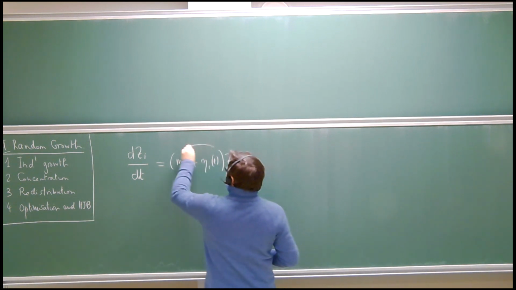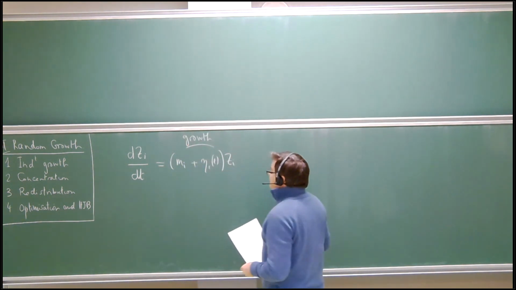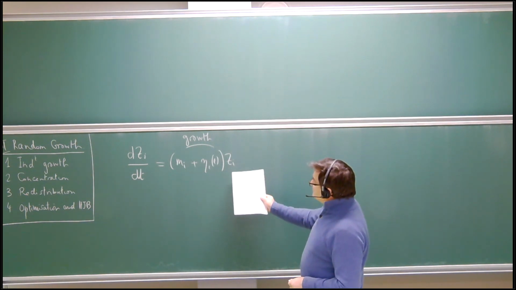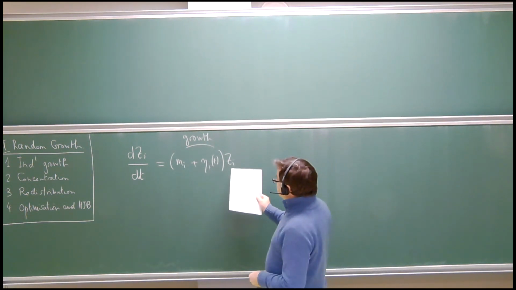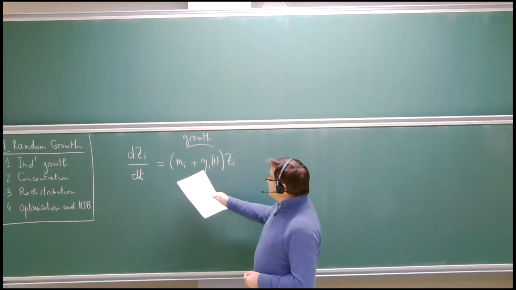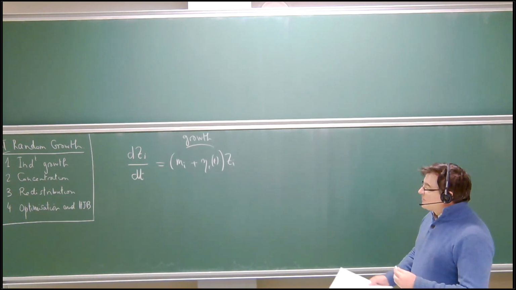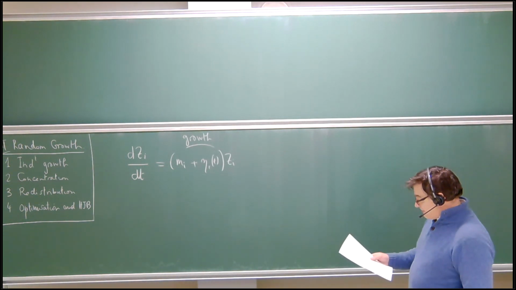So this is what I've called growth. This is multiplicative growth because everything here is proportional to Zi. So this is the mean growth rate of city i. This is the random part, taking into account health conditions or whatever.